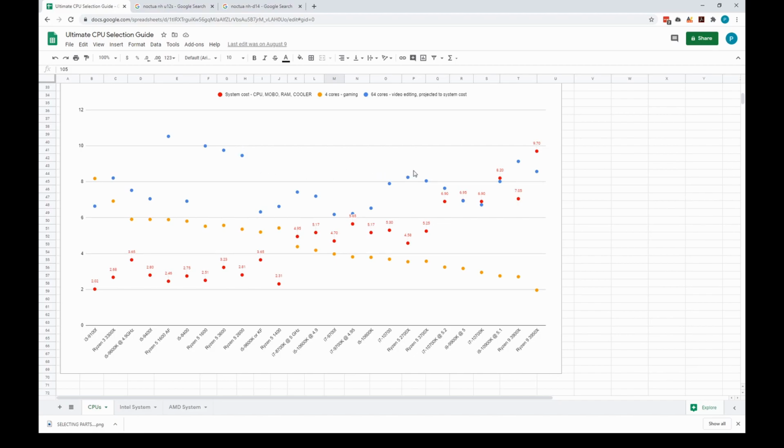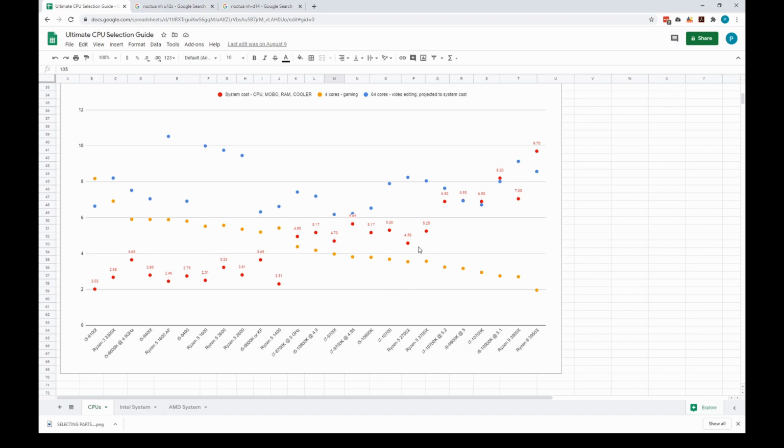Next we have these 3 here: Ryzen 5 2700X and Ryzen 5 3700X. These processors are 8 cores, 12 threads, and they perform really good. As you can see, this is in the second price range.